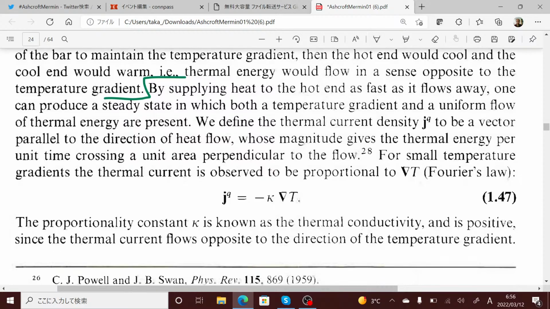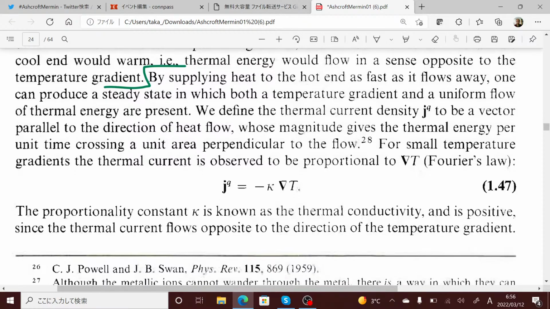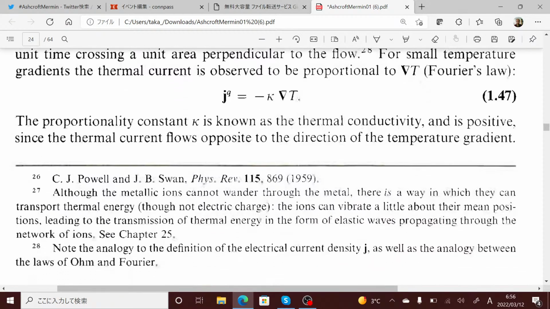We define the thermal current density J_Q to be a vector parallel to the direction of heat flow, whose magnitude gives the thermal energy per unit time crossing a unit area perpendicular to the flow.